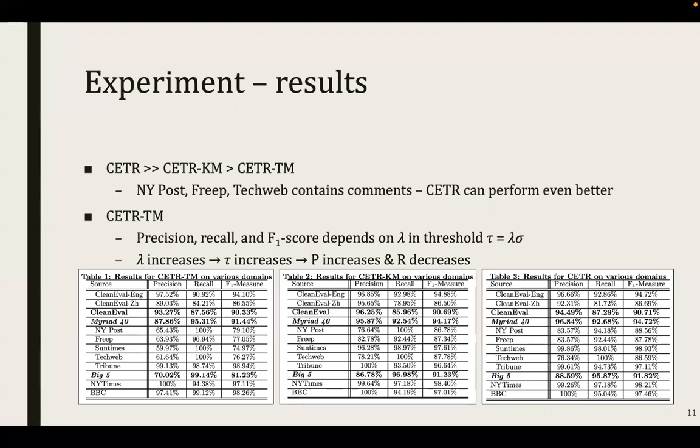The sigma is the standard deviation of the data, and the lambda can actually be tuned by users themselves so that the threshold can be adjusted. If the lambda increases, threshold tau increases, and precision can be increased. But you cannot have high precision and high recall at the same time, so it's totally up to the users to balance between the two.